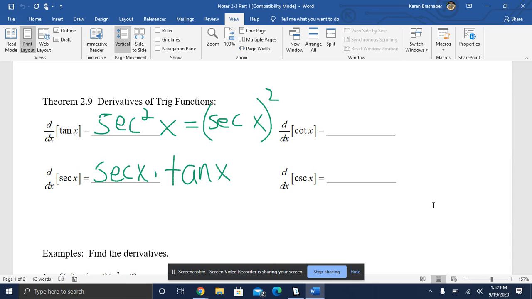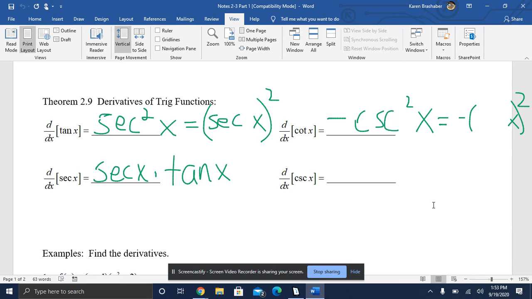Remember, I told you the derivatives of all the co's are negative. So the derivative of cotangent of x is negative cosecant squared of x. And like the other one, that's the same as negative, and then putting it in parentheses, cosecant of x squared.